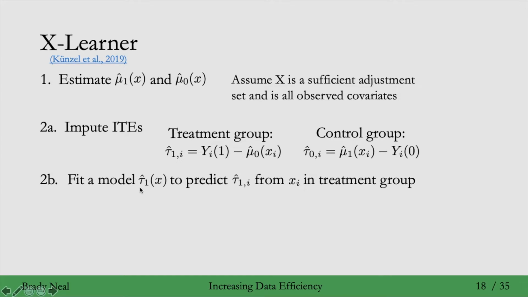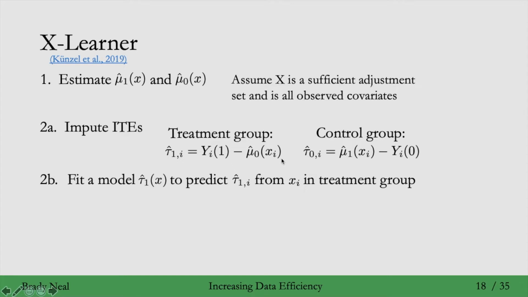We fit a model tau1 hat of X to predict tau1 i, right here, this ITE that we just got in the last step, from Xi. Okay, so we feed in all of these tau1 i hats, and then we try to predict them from the corresponding covariates, Xi. So this model tau1 hat is going to use all of the data.